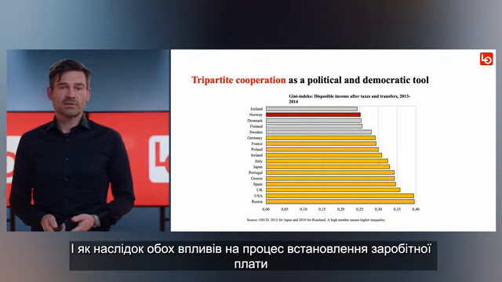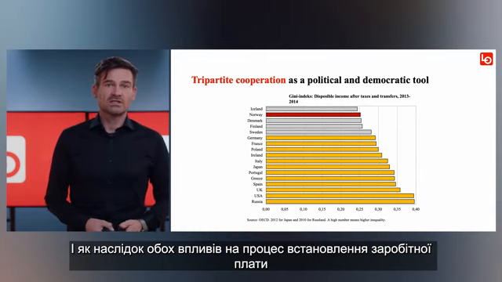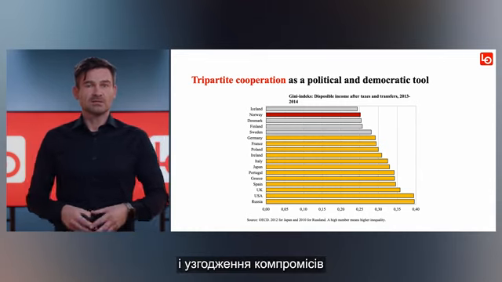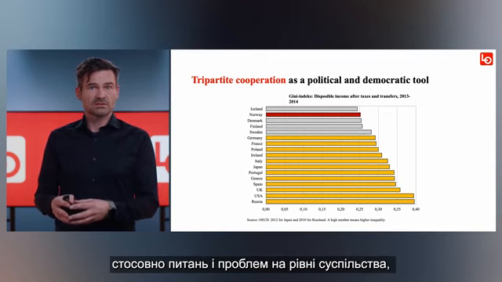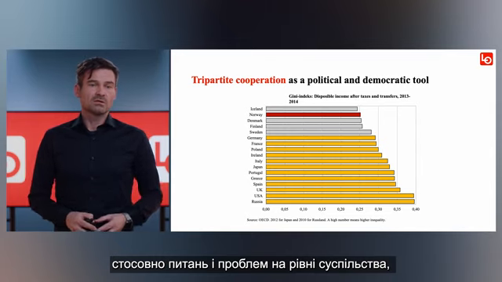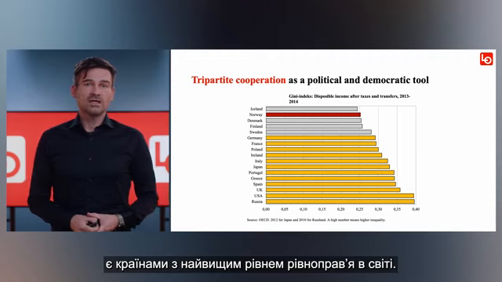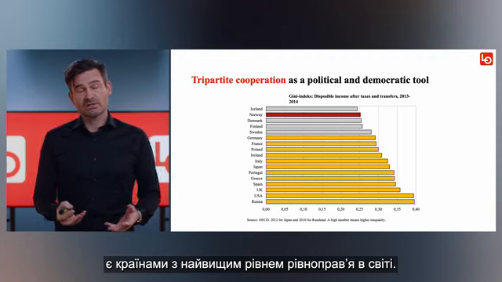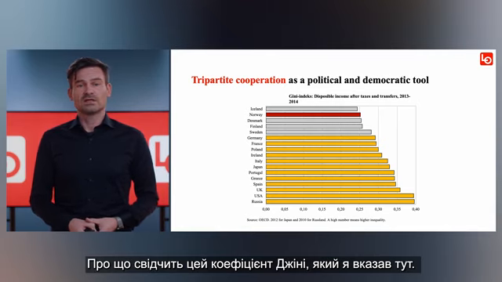And as a consequence of both intervening in wage setting and producing compromises on issues and problems at the societal level, the Nordic countries and Norway are the most equal countries in the world, as you can see from this Gini coefficient as I put up here.